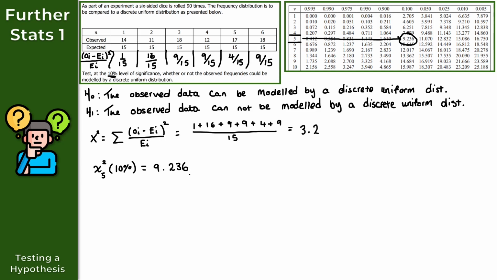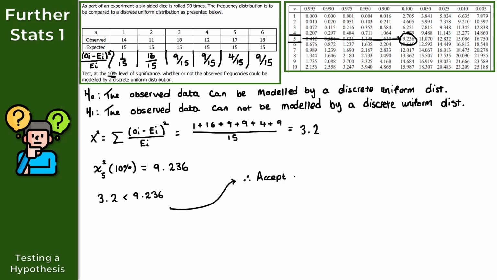9.236 there. What we do now is we compare this chi-squared value, our test statistic, to our critical value. In that case, 3.2 is less than 9.236, hopefully quite obvious. And in that case, what we do is we accept H naught.